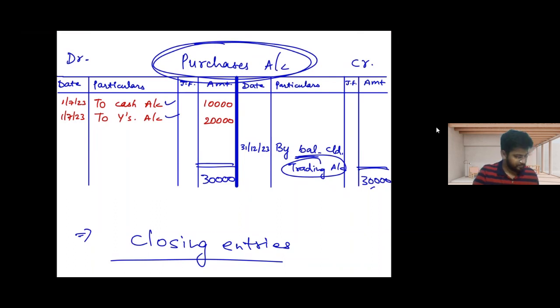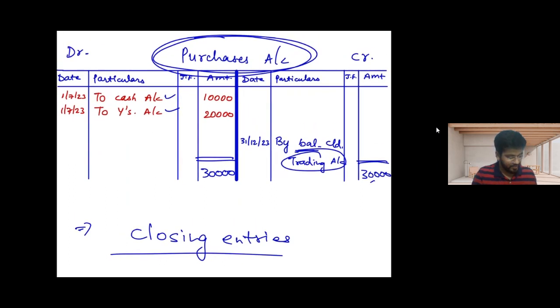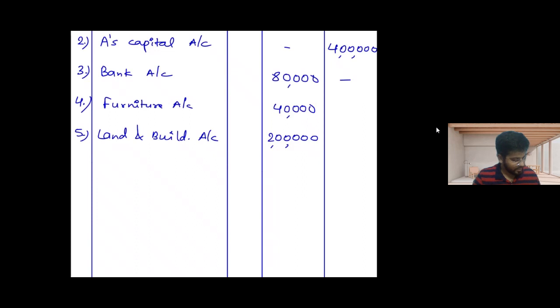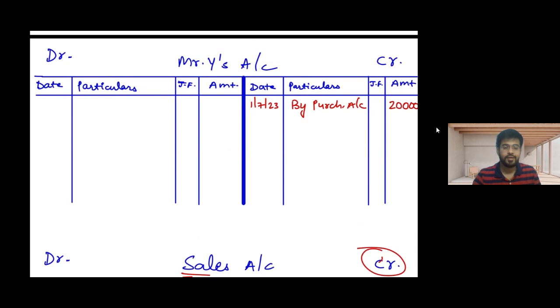Okay, moving on. So what we have mentioned here, by trading account 30,000, that is the balancing figure. So again, the balance is on the credit side. So what I will do in my trial balance, sixth, purchases account, that is 30,000, I will write on the opposite side, 30,000. Next we have Y's account. Who was Y? He was my creditor, and a creditor is a liability which will come in your balance sheet.